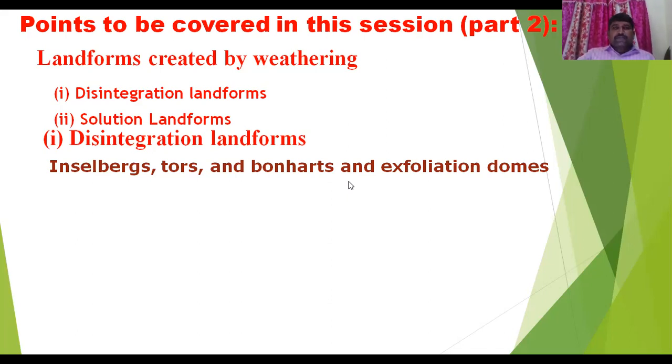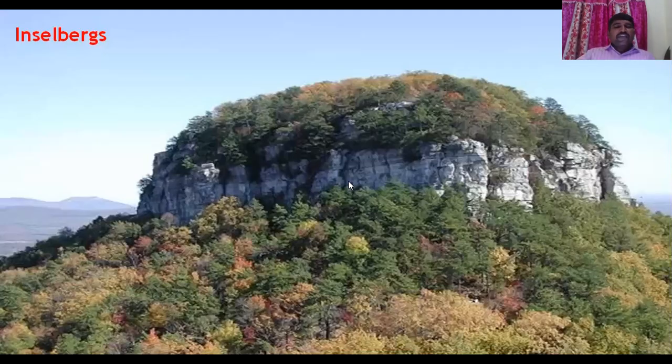Engelbergs. The figure on the screen shows the engelbergs. Engelbergs are isolated rock hills created by long-term weathering and erosion processes.